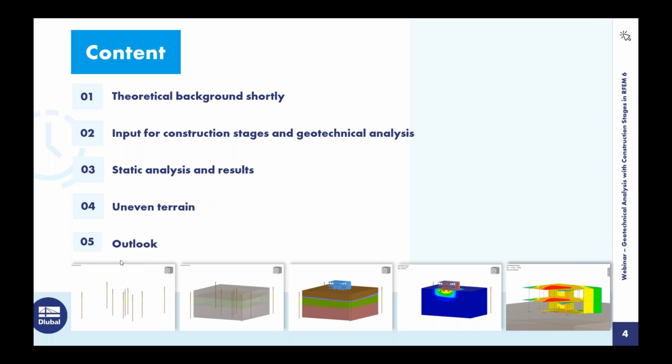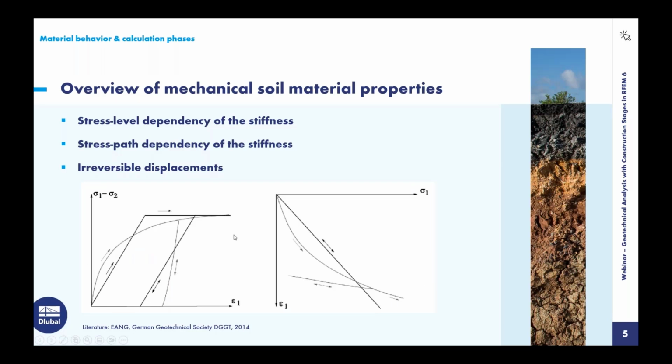Okay, then we can start with the first point. We will go to the theory. One of the main features of the add-on geotechnical analysis are the special soil material models we provide with that add-on.